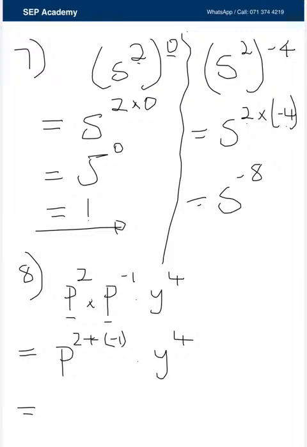Definitely, 2 plus negative 1 will give you 1, multiplying that y to the exponent of 4, and that should be the end of it. Or even if you just write it as p, we know you've got an invisible 1 if you don't write anything, to the exponent of 4. Then that is the end of it. I hope that makes some sense.